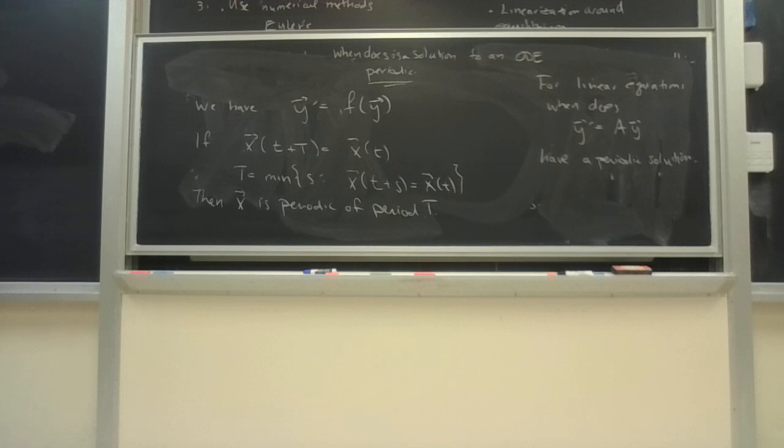There's only really one case. Yeah, it's a condition on A. Remember what the Venezuelan guy said? His name is Hugo. If you know the eigenvalues, you know everything. So what set of eigenvalues will tell you when you have a periodic solution?